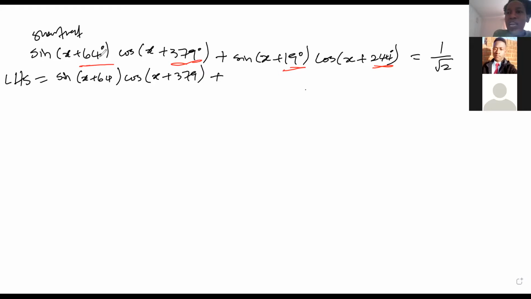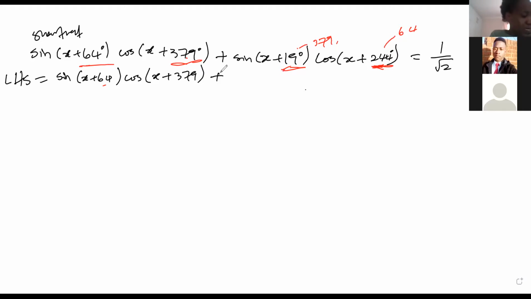So 64, I can relate it to 244, because 180 plus 64 is going to give me 244. So I choose to keep 64 but change 244. I'm going to change 379 because it is the same as 360 plus 19.